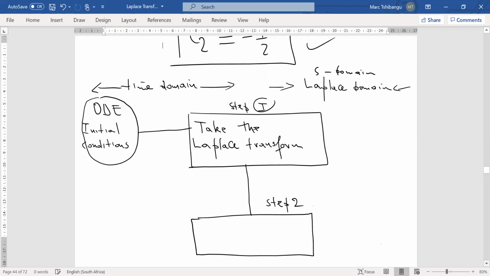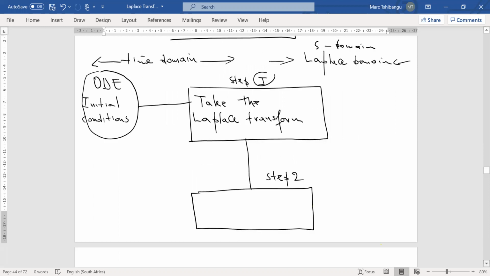Step two: express or manipulate the expression that you obtain after taking the Laplace transform in this form, Y(s) equals Q(s) over P(s). So write the Laplace domain expression as a ratio of two polynomials.